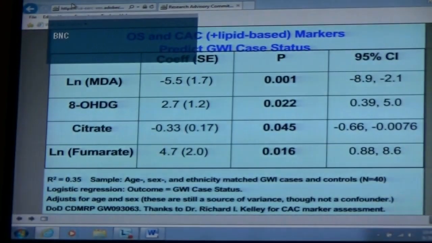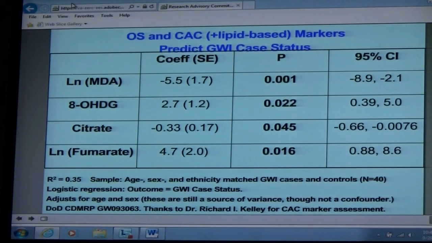Here's a model that includes malondialdehyde, which we think of here really more as a lipidomic marker rather than an oxidative marker, 8-hydroxydeoxyguanosine, which is a marker of oxidative damage to DNA, and 2 different markers of Krebs cycle or citric acid cycle intermediates. In a model including all 4 of these, each of them is a statistically significant predictor, and we get a pseudo R squared of 0.35, which is reasonably good prediction of case versus control status.